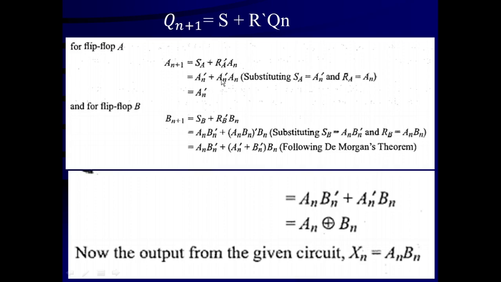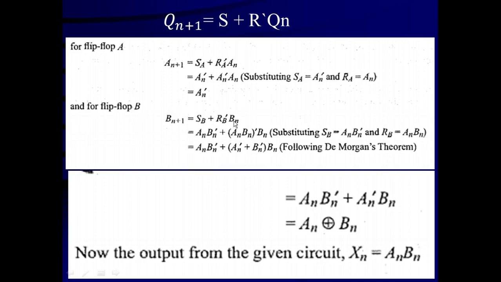So RA dash is equal to An dash into An. Now, any variable combined with its complement results in 0. So this term is going to be 0. That means the next state output of the first flip-flop, An plus 1, is equal to An dash. That is the equation we obtain for flip-flop A.